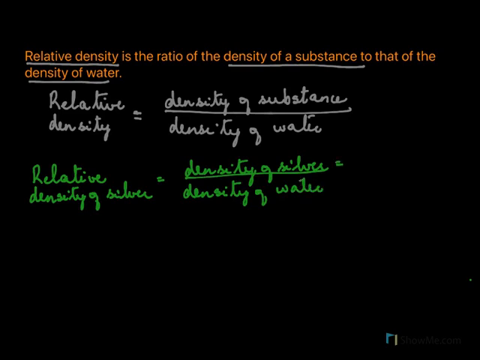Now the density of silver is 10,800 kg per meter cube, and water is 1000 kg per meter cube. So you see the relative density is 10.8. Another important point is that the units cancel off completely.